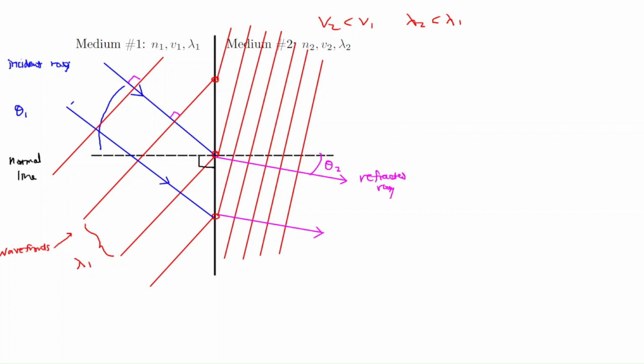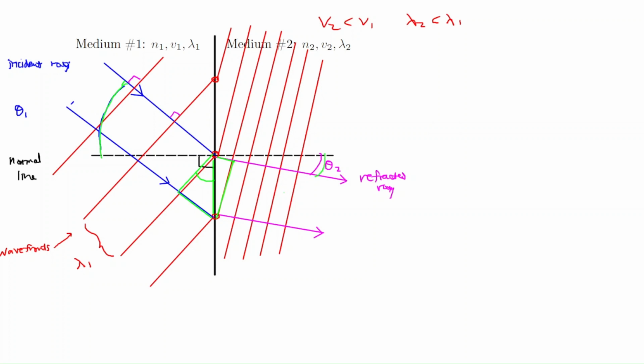Now what we have done here is create a pair of right triangles, and I'll outline them, and then draw a separate diagram where we can work with those. Before I draw that separate diagram, try to convince yourselves that if this angle is theta 1, then so is this one.